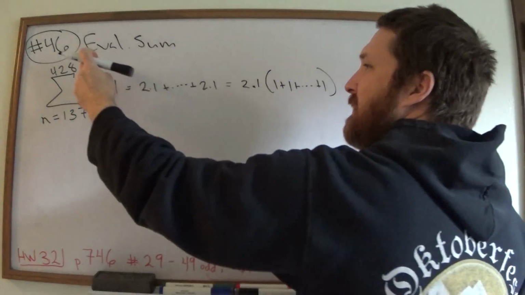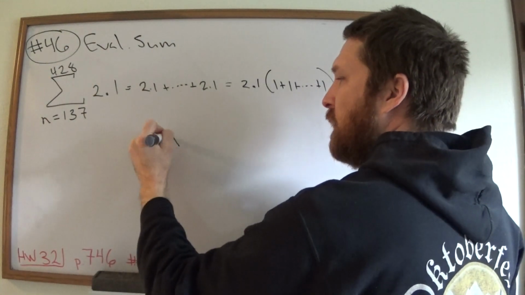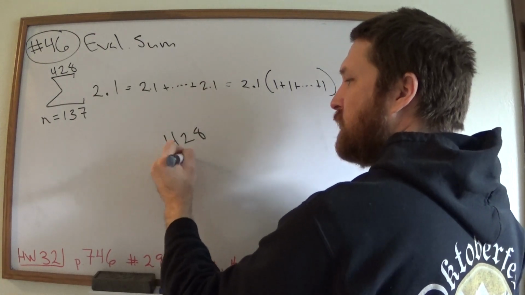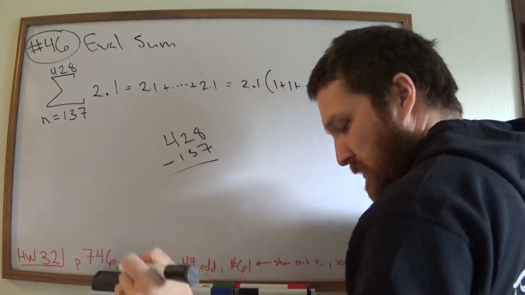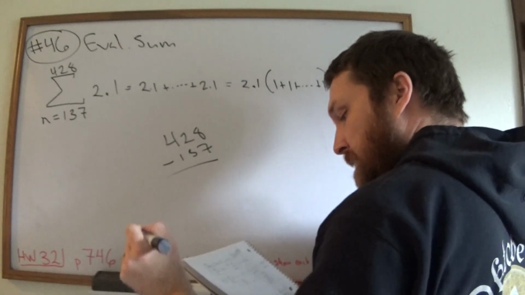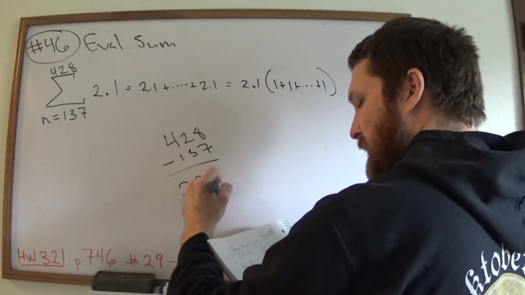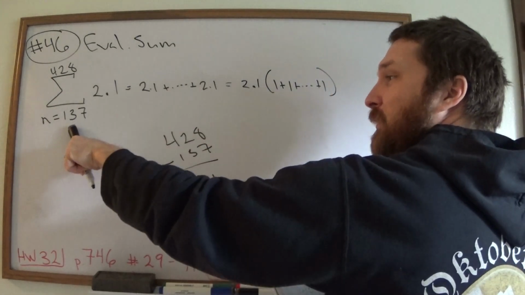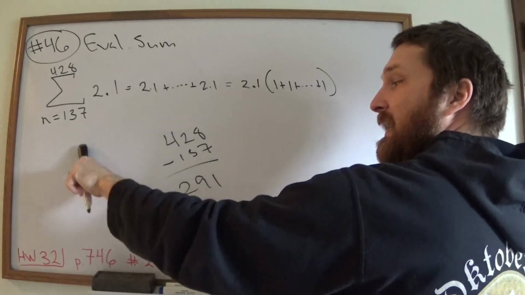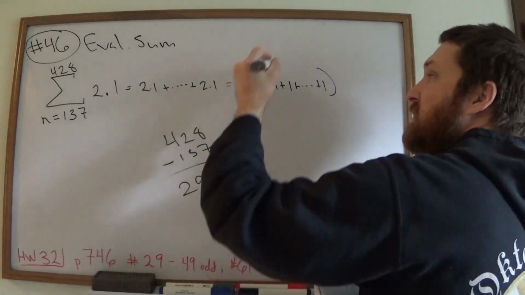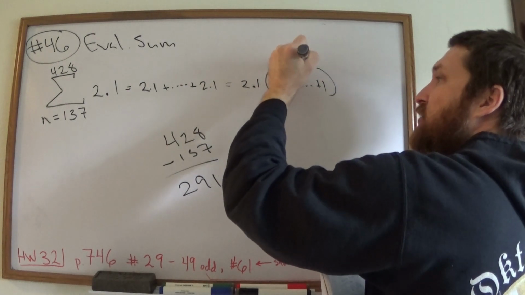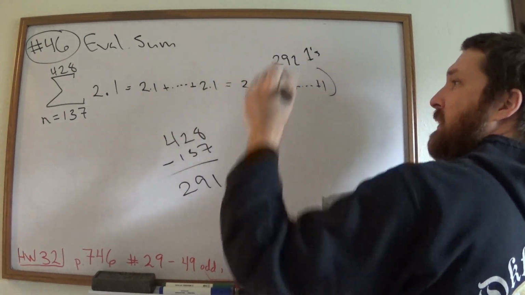Well, it's that minus that plus 1. So 428 minus 137 gives you, notice I'm looking at my notes, 291. But that's not all. We'd be forgetting that first guy, so we have to add 1, and so we should have a total of 292 ones right there.